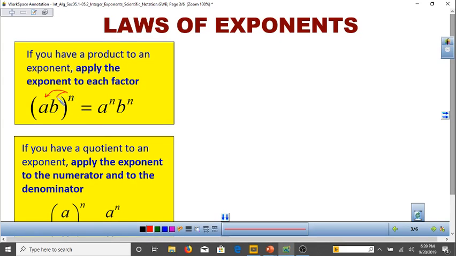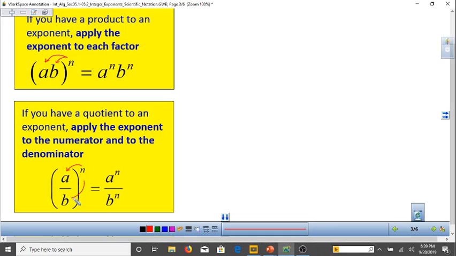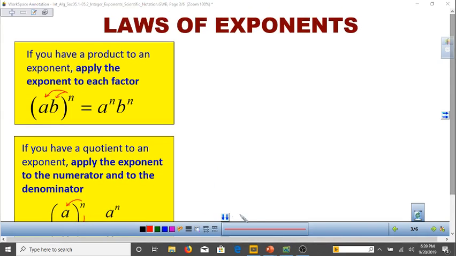So the exponent gets multiplied to each term in the product or each term in the quotient, each factor in the product or each part in the quotient. And I'm going to illustrate that with an example here. Let's say I'm going to use 2 different variables here, v multiplied by w. And let's say we raise those to the power 4.